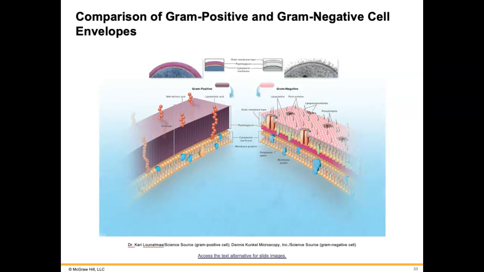So we've talked a little bit about the Gram stain, and the Gram stain is a test that we do in the lab to separate bacteria into 2 separate categories.